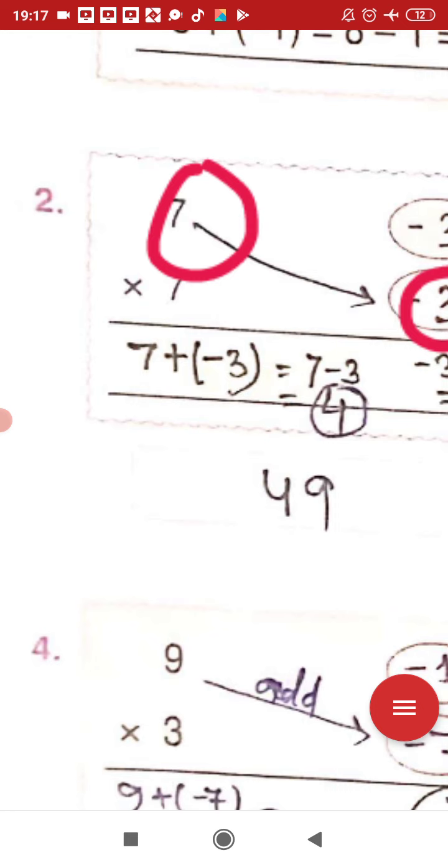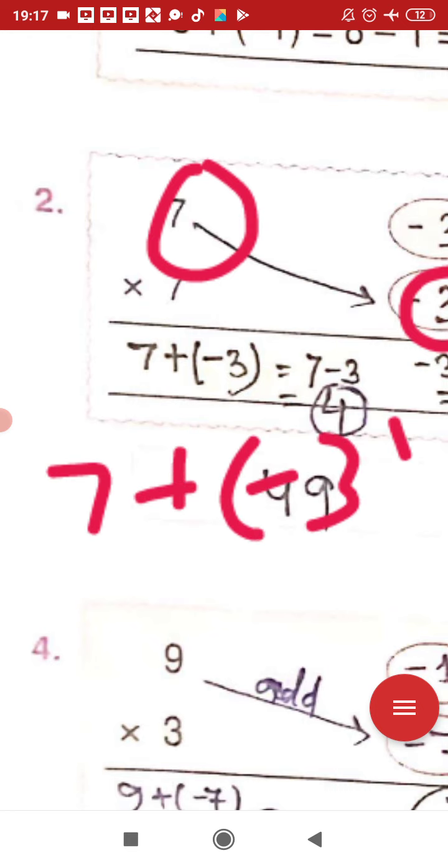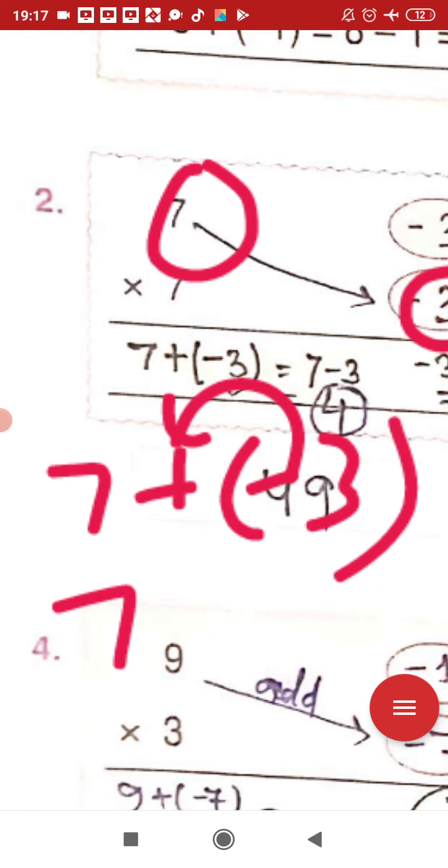Here we are getting 7 plus minus 3. So this minus sign, plus minus will become minus. While adding, if we get a negative sign, then that should be subtraction. Okay, so 7 minus 3 equal to 4.